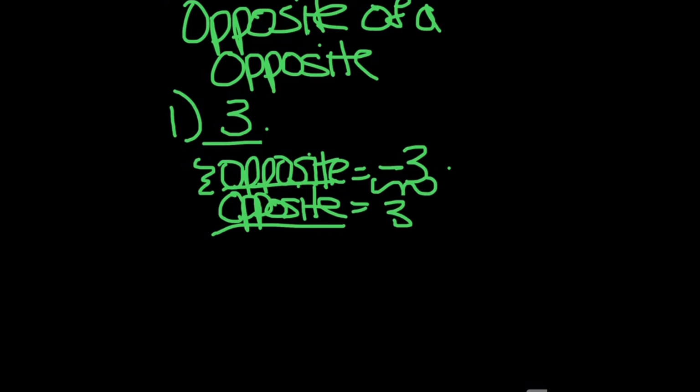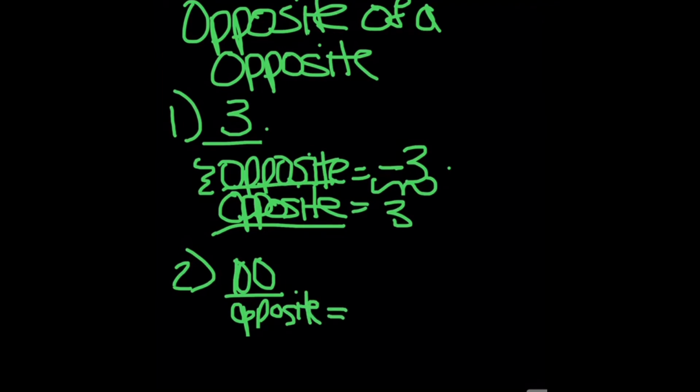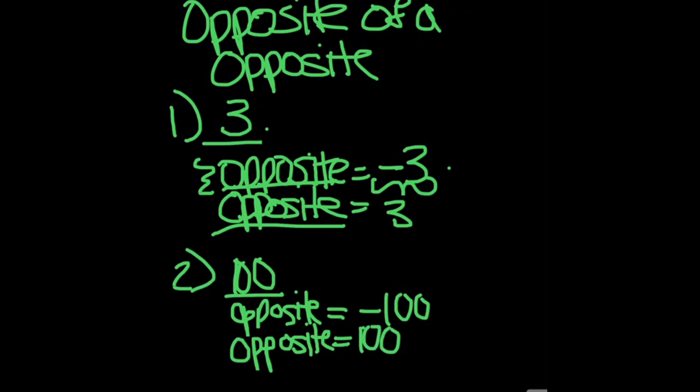It's a little complicated, but in the example with 100, the opposite of the first was -100, and then the opposite of -100 was 100. So you're not really changing anything. It still remains the same.